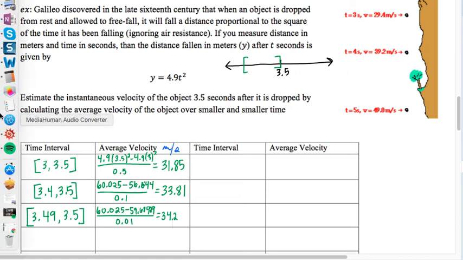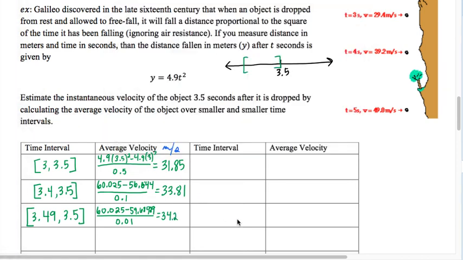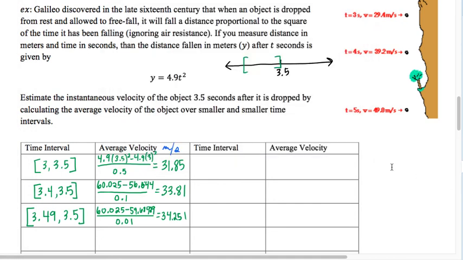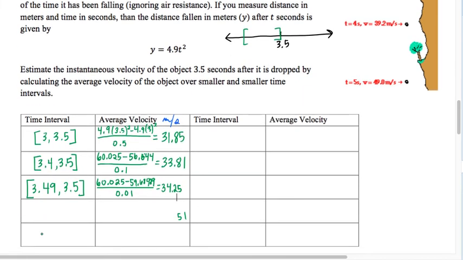So it looks like maybe it's going to approach 34.25. It's hard to say. You can get an even closer approximation.